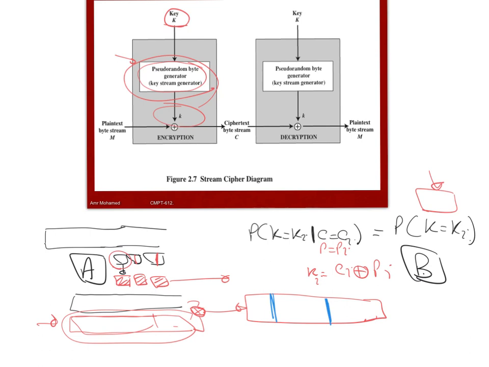This error will still be localized in the decrypted text or in the decrypted document on both sides. Why? Because here we don't do many permutations and substitutions. We just generate a random sequence and we XOR. That's it. So the error will not propagate, will not cause error propagation.